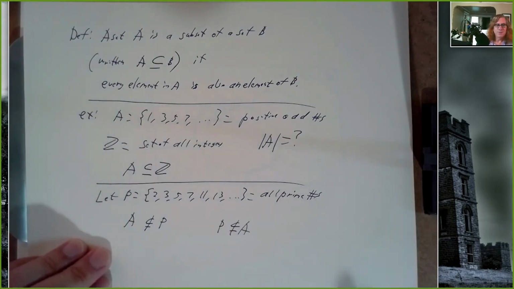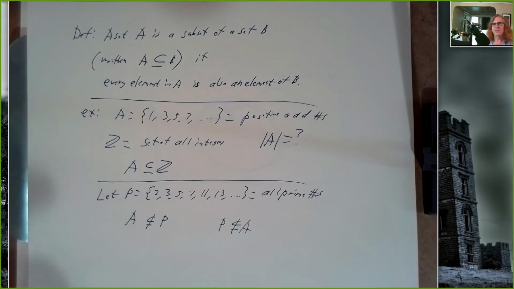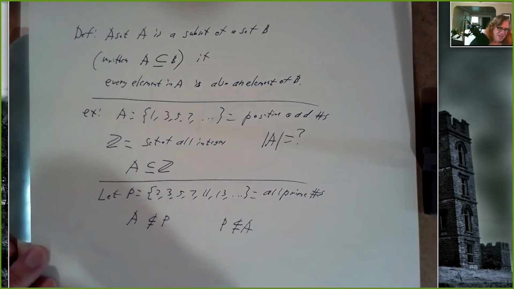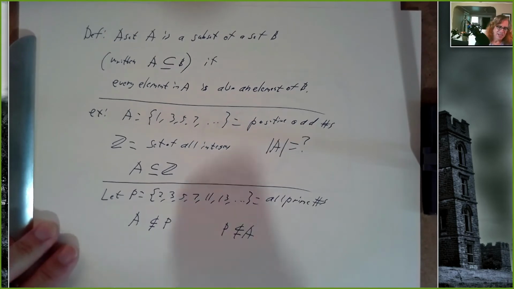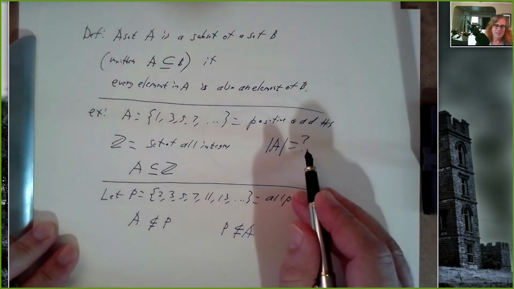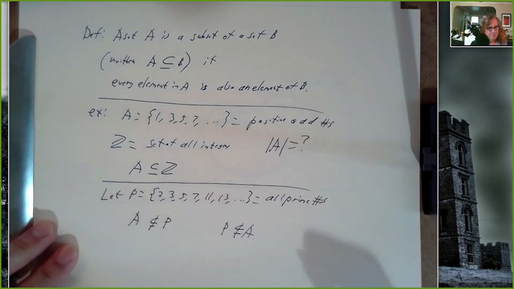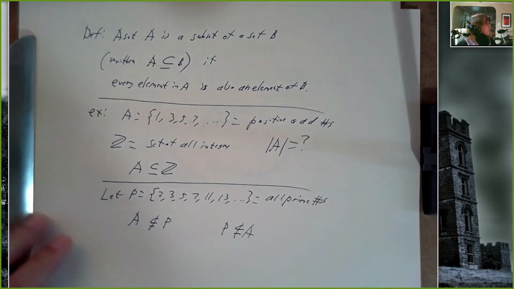The number 1,000,000 is too small, the number 1,000,000,000 is too small, and the symbol infinity is not a number. Infinity is not an integer. That should be a t-shirt. Infinity is not an integer. It's something different. So we can't write the cardinality of A is equal to infinity symbol. But we'll do something much more fun than that.